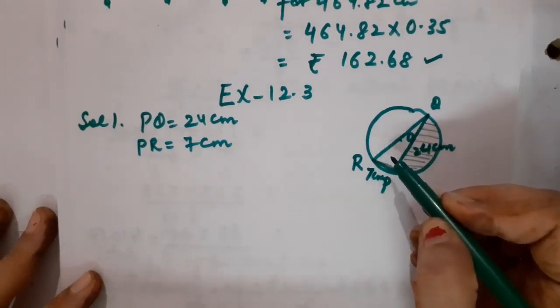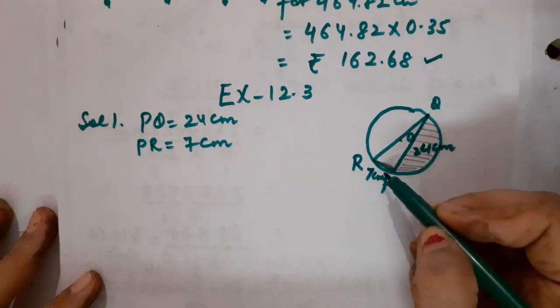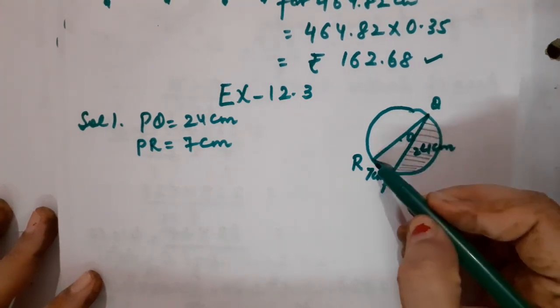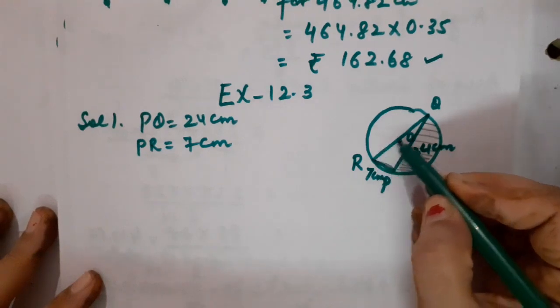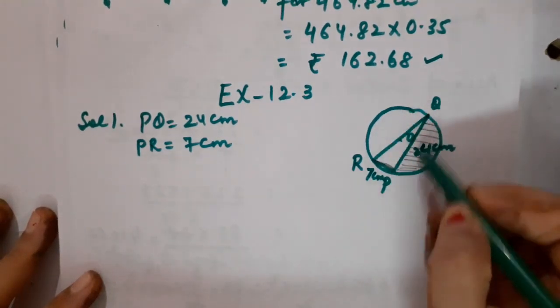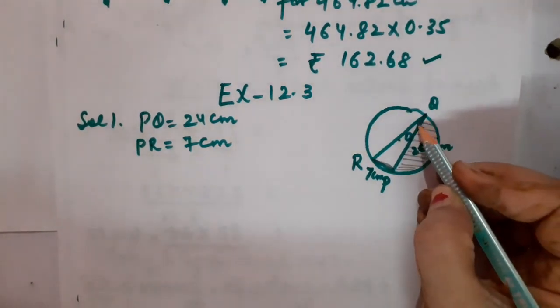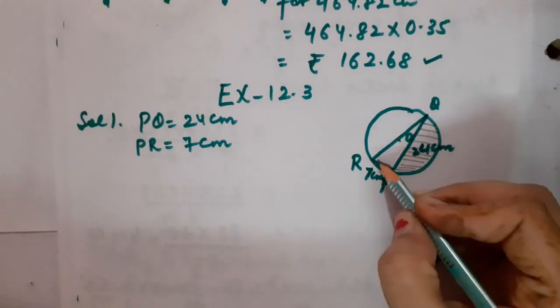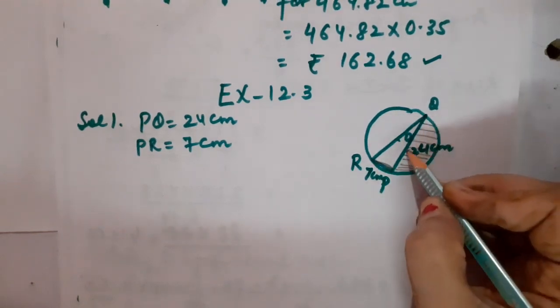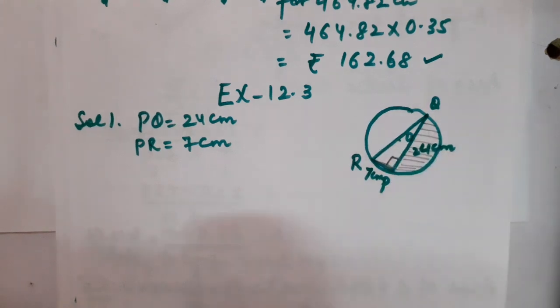We know that any angle made by the diameter in a semicircle is 90 degree. QR is the diameter, so what angle is subtended at P? Angle P will become 90 degree.